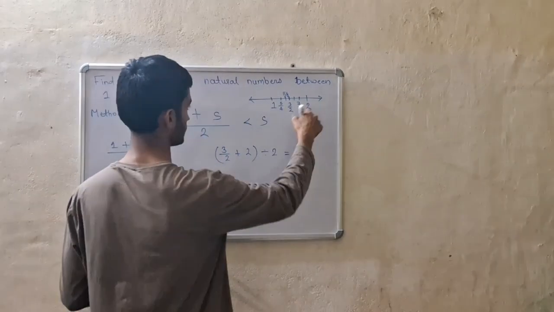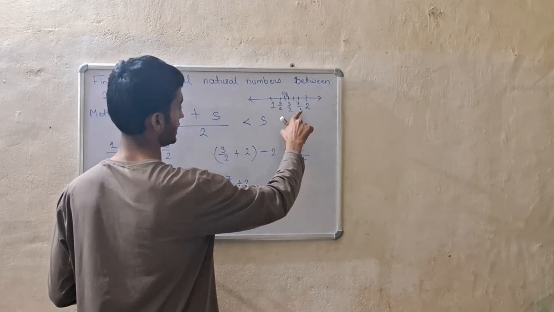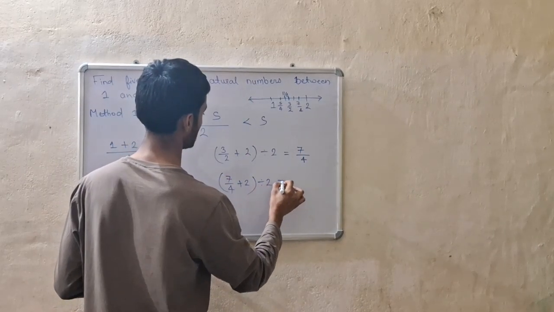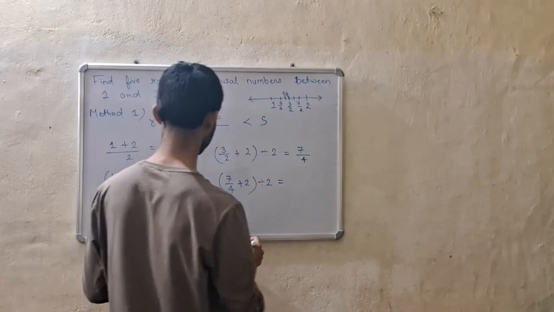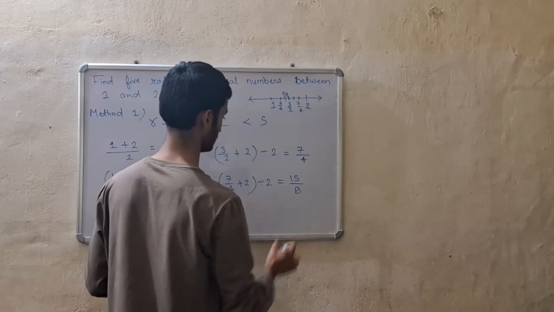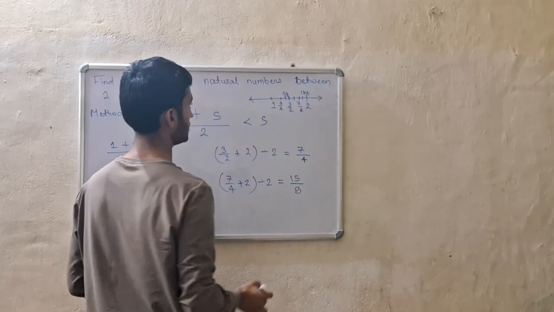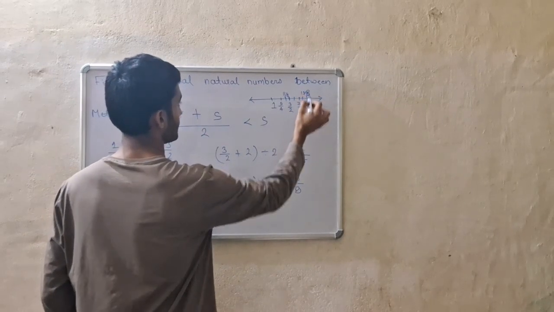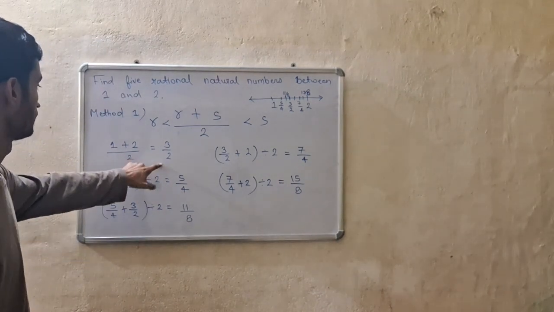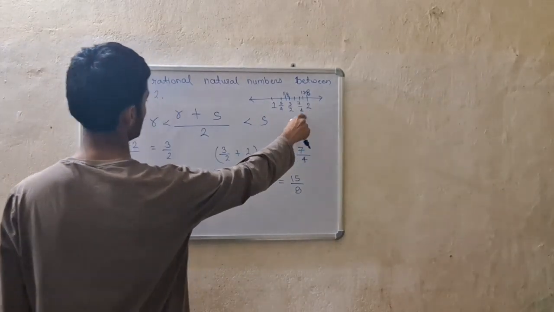Then we will use 7 upon 4 and 2. We will find a number in between these two, 7 upon 4 and 2. So it is 15 upon 8. Yeah, so that is here. As you can see, we have calculated 5 rational numbers which are in between 1 and 2.